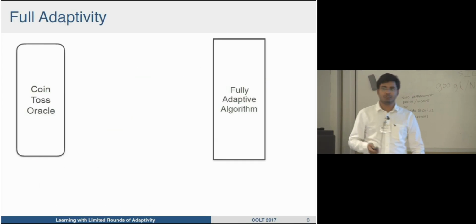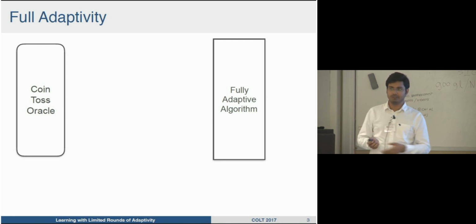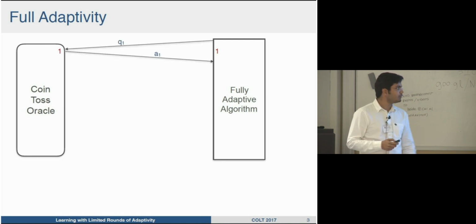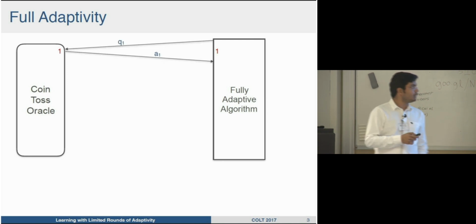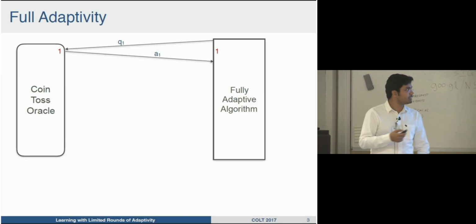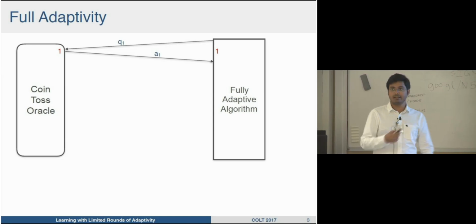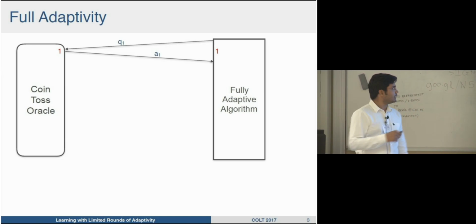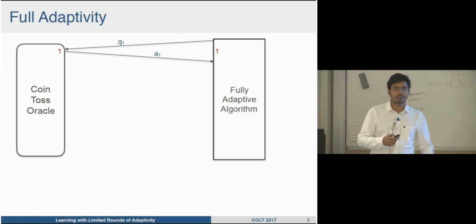Now, previous algorithms for this problem work in a fully adaptive framework. In this framework, the algorithm asks a query to the coin toss oracle, and the oracle responds with an answer. Here, the query Q1 is an index of a coin, and the answer is either heads or tails. And this is one round of interaction.